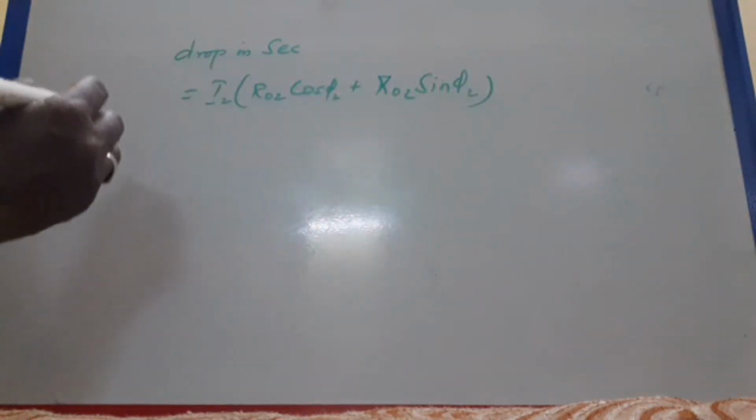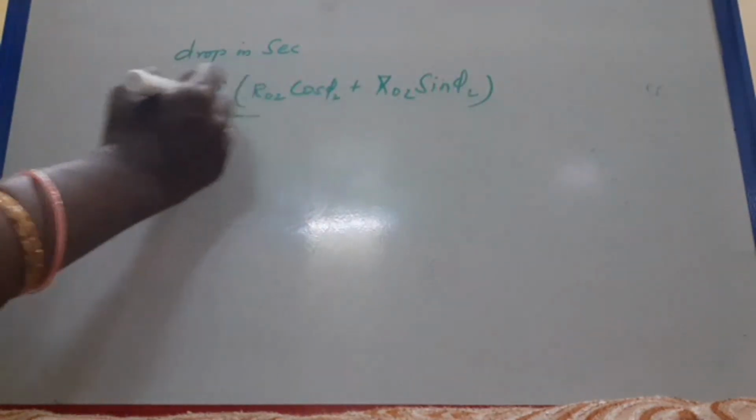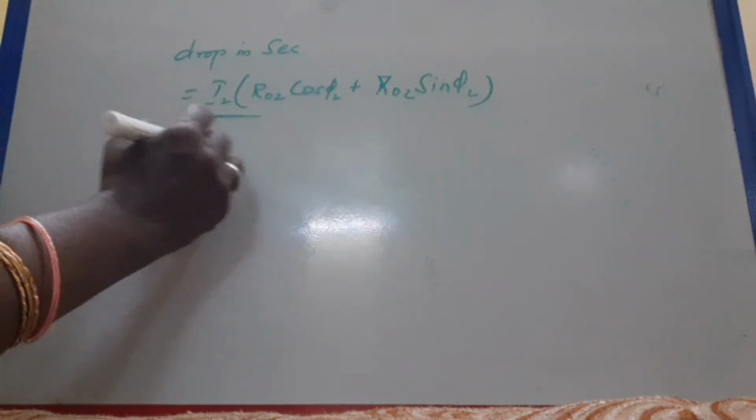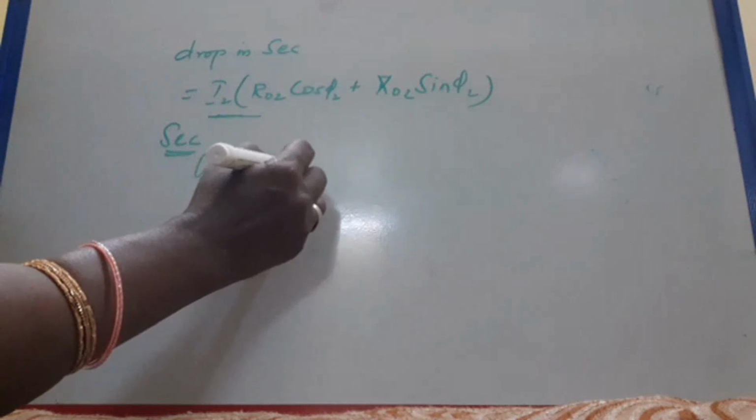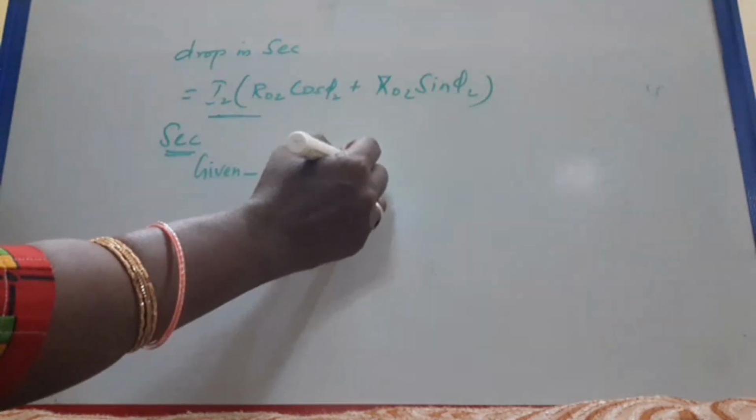From the drop, the secondary voltage can be calculated as the given voltage minus the drop.